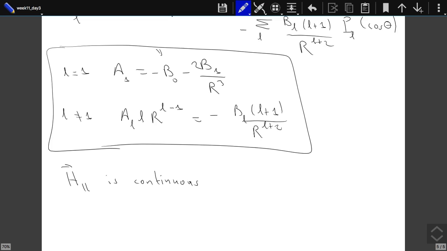Well, the parallel component of H parallel to our sphere is just the theta component in the theta hat direction plus the phi component in the phi hat direction, but the phi component doesn't exist because our phi_m depends only on theta, so the phi component is 0. So this H theta should be continuous.